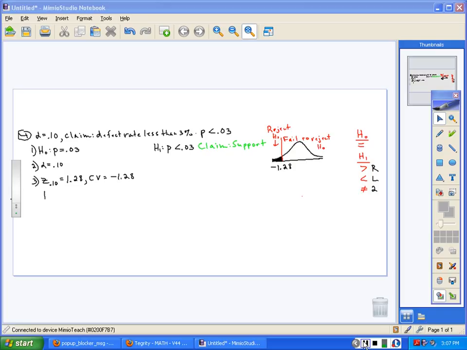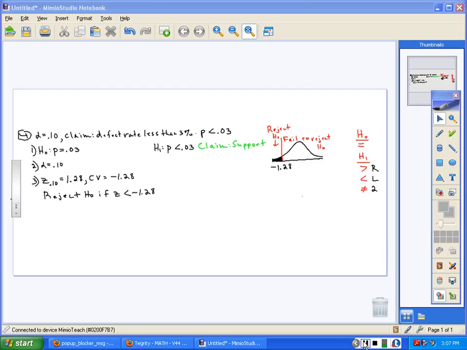I also write a sentence that says, reject H0 if Z turns out to be less than negative 1.28. And notice that the sign in H1 is less than, so the sign in that sentence is also less than.